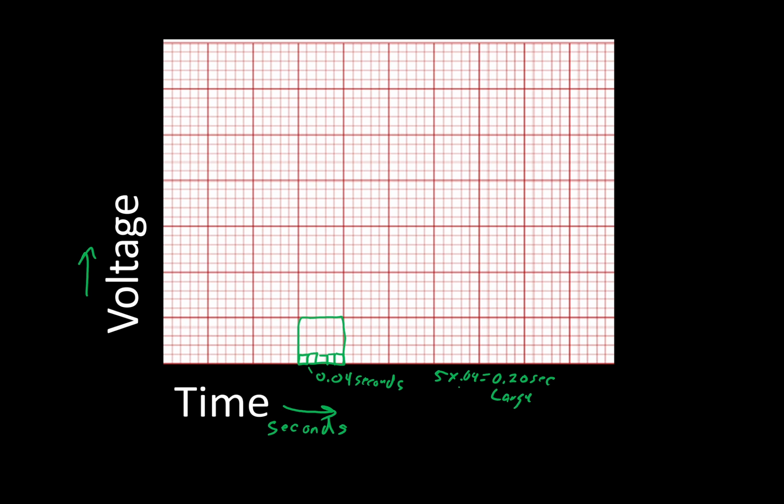Now, if you really want to do fun math, we'll start here, and we'll say 1 large box, 2, 3, 4, 5. So 5 large boxes across here. We'll take 5 times 0.2 equals 1 second. So for every 5 large boxes, you have 1 second across the paper. And that's just the general idea of how we do timekeeping.